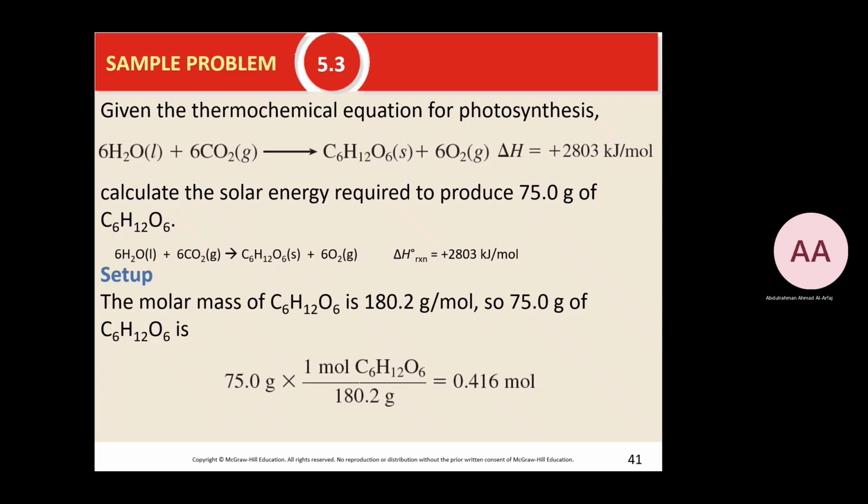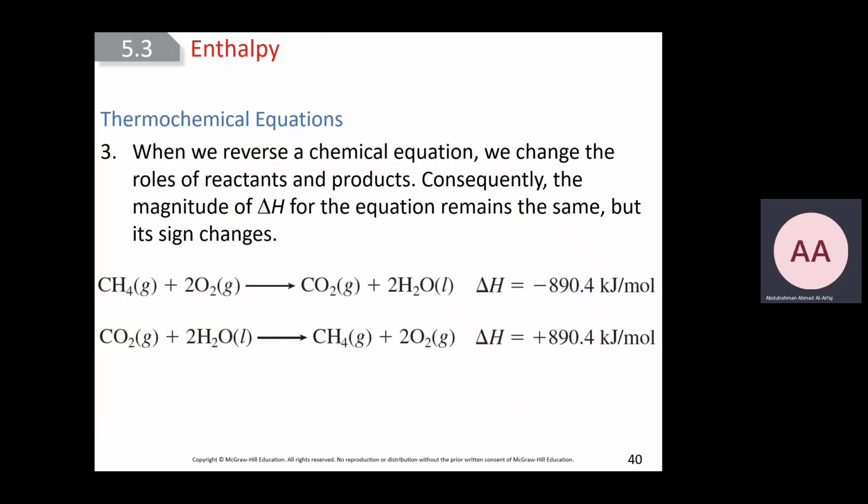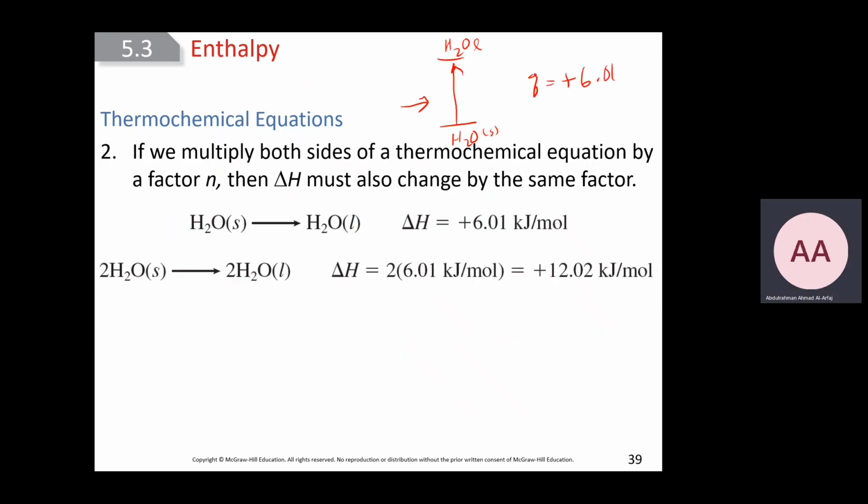Good. Okay. When you reverse any reaction, for example, in this case, if I want to go from H2O liquid to H2O solid, this means heat will come out of the reaction, which is exactly the reverse of this one.